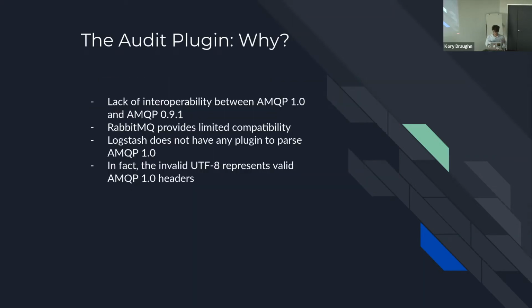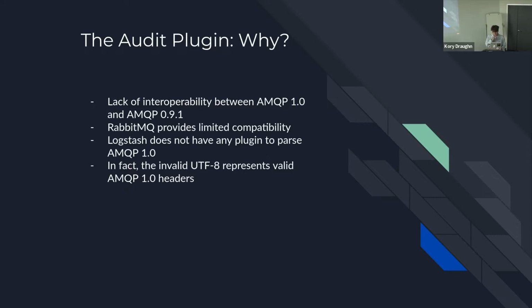And so as I hinted at earlier, or as you might have guessed, the problem was a lack of interoperability between AMQP 1.0 and 0.9.1. The RabbitMQ documentation actually makes clear that these are essentially the same protocol in name only. And moreover, that 1.0 has seen limited adoption because it's significantly more complex.